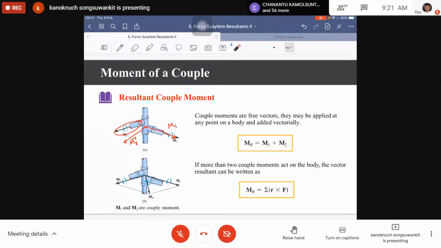After we move these two couple moments and make them share the same point, then we can add them directly. So that's why we have MR equal to M1 plus M2. Or we can write it in the form of sigma: MR equals sigma r cross F.